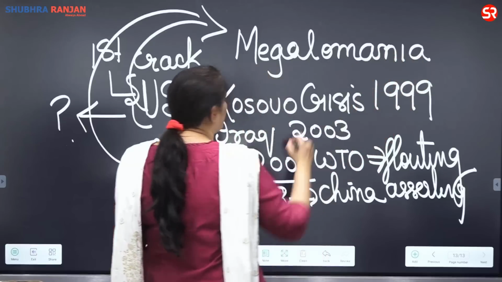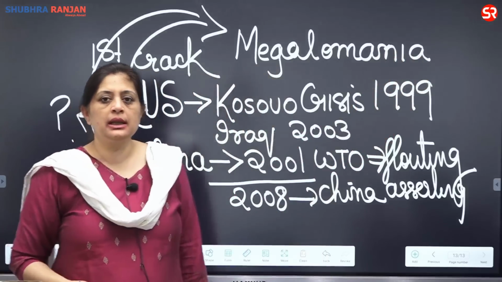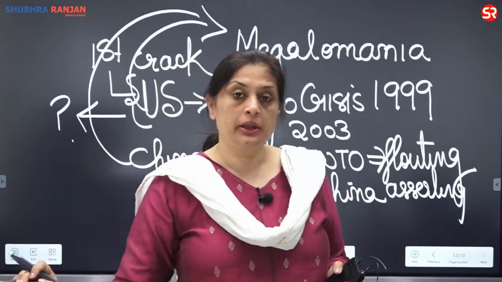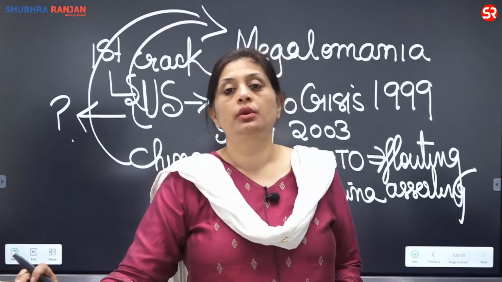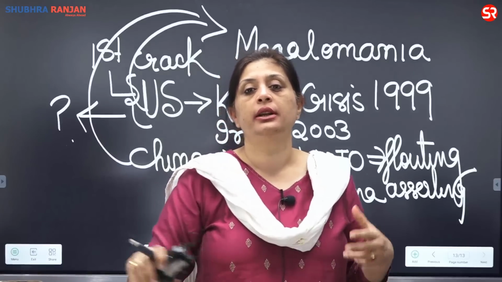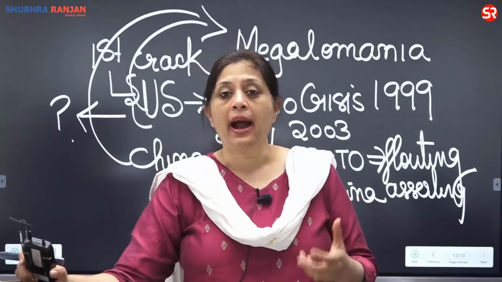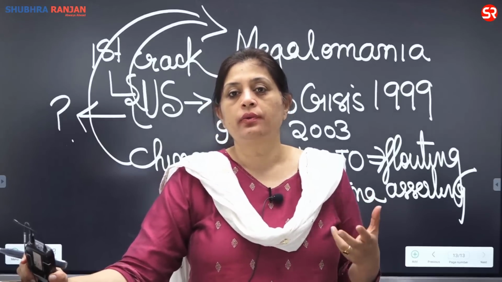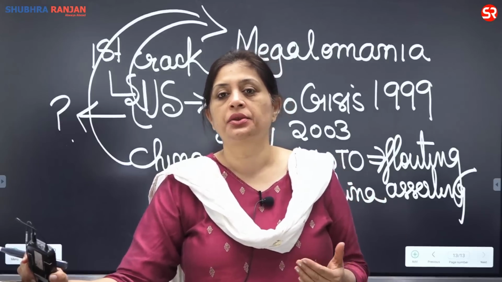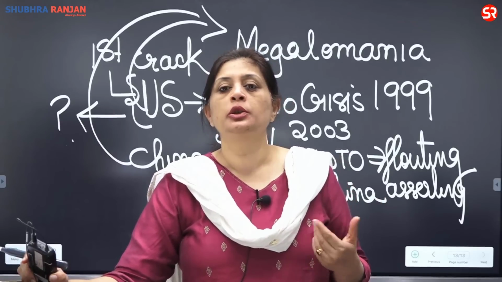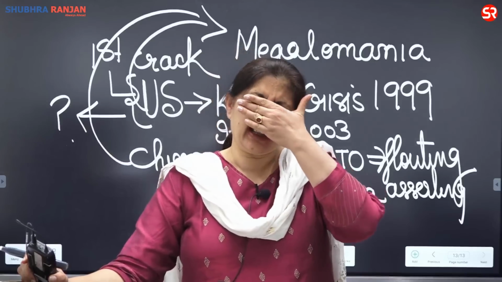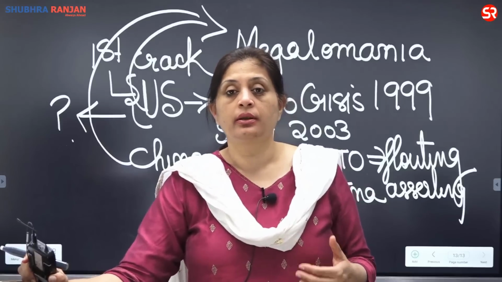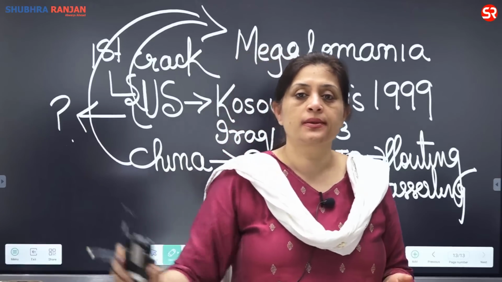So when you become too big, it is easier to come to power, but it is difficult to maintain yourself in power, to handle yourself in power. So we see both these countries going for unilateralism, aggressive stance, and themselves flouting the world norms.